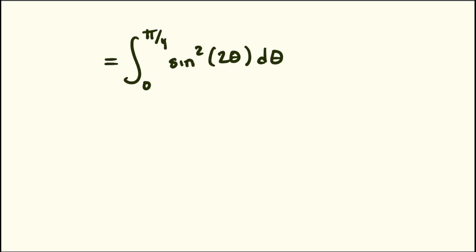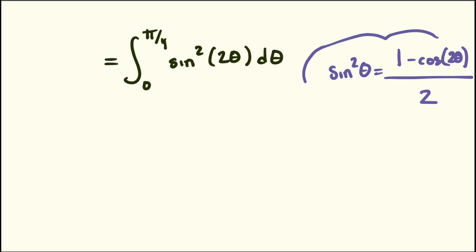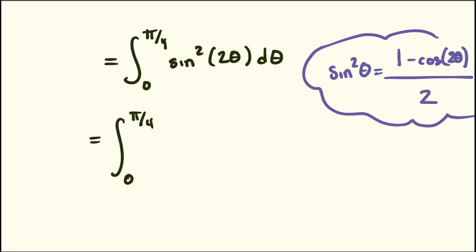Now off on the side here, when we have a sine squared of something, this is the same thing as 1 minus cosine of 2 theta divided by 2. I'll just put that off on the side. So we're going to do a replacement here, from 0 to pi over 4, and I'm just going to take that 2 and bring it out front.